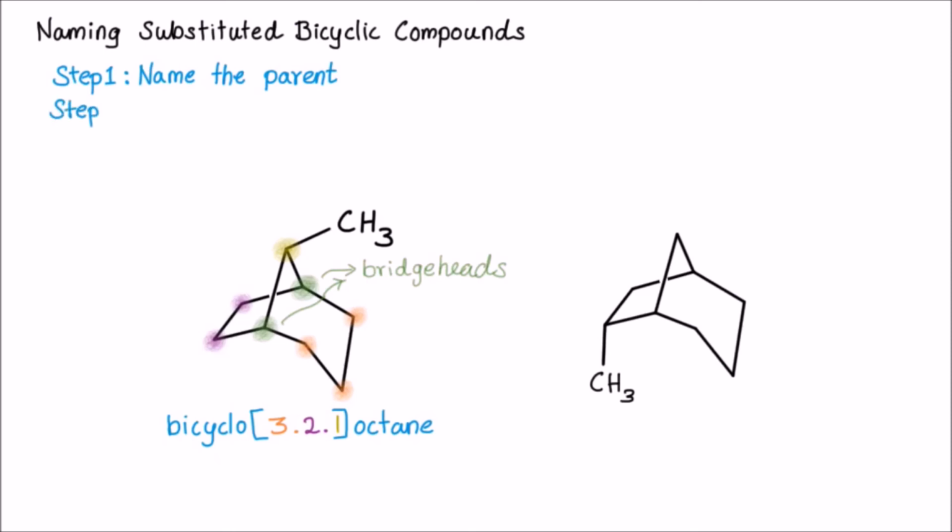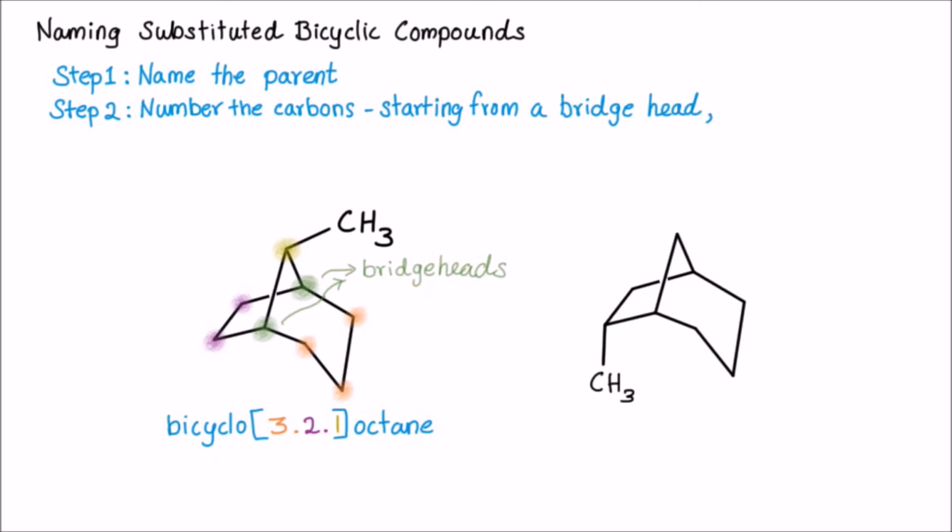For that we need to follow step number 2. Step number 2 in naming bicyclic compounds is to number the carbon atoms in the cycles starting from one of the bridge heads. You can start from either one of the bridge heads in this structure. Start from one of the bridge heads, with the longest bridge first and the shortest bridge last.